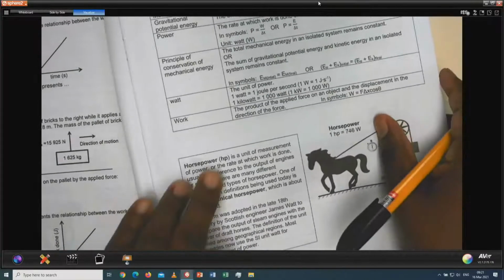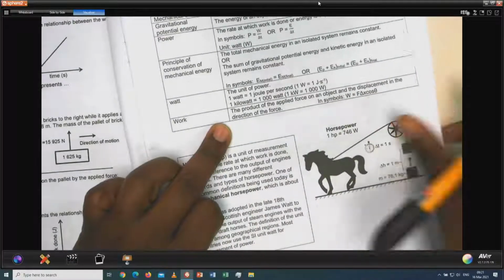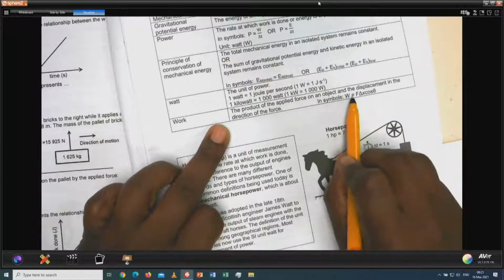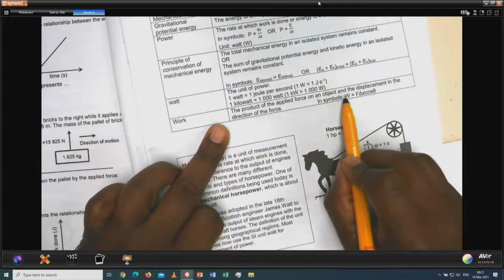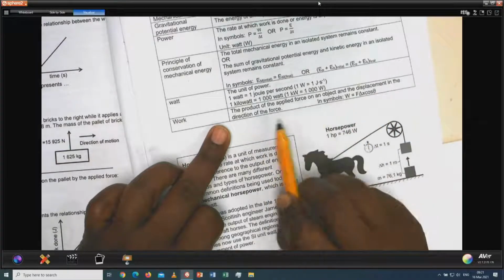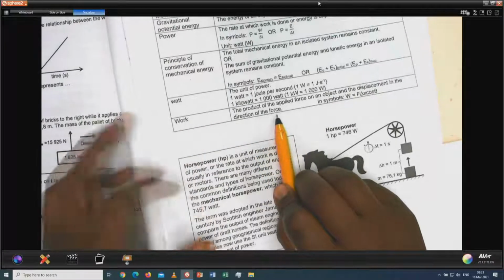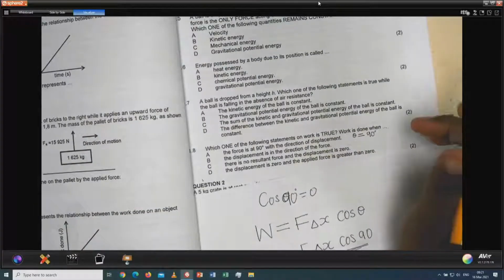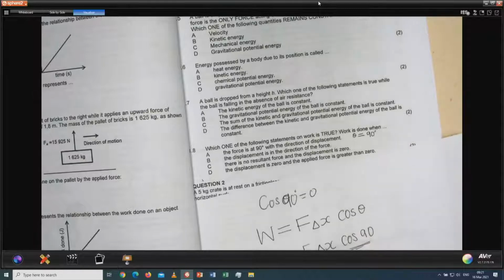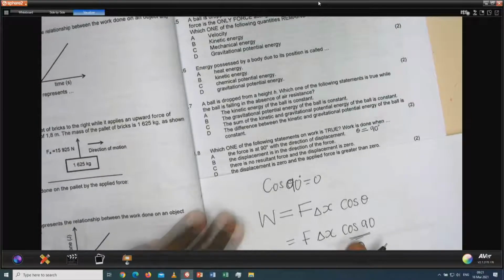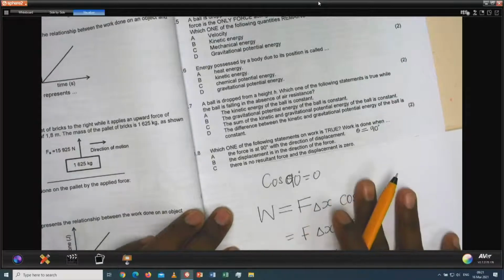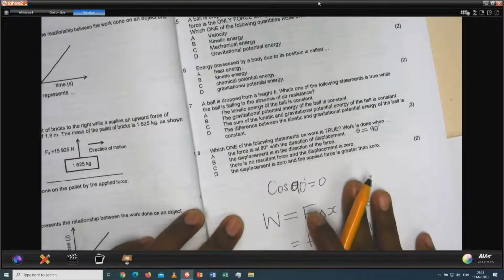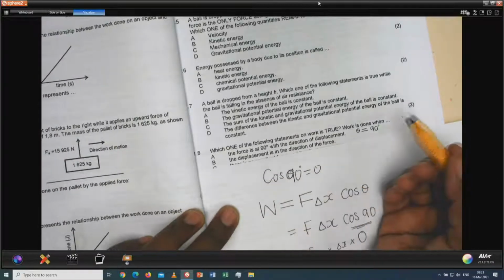If we go back to our definition, and you look at the last part, it says the displacement in the direction of the force. So if a force is acting on the object, there will be displacement in the direction of the force. So this is a true statement.